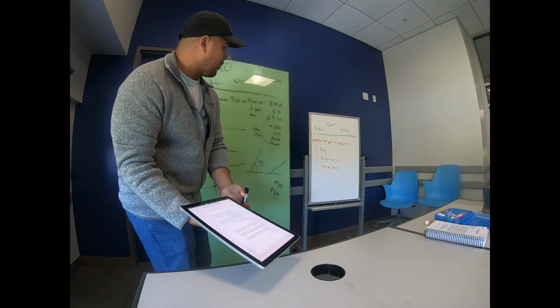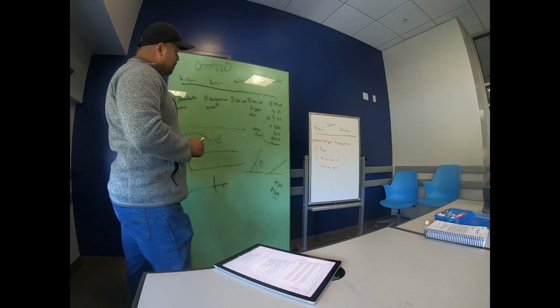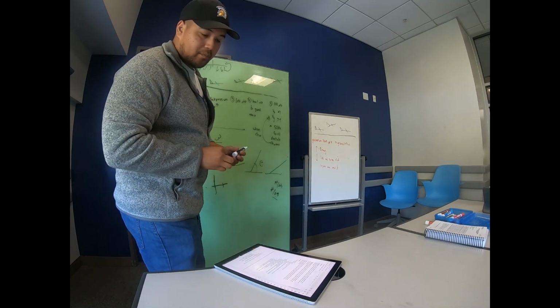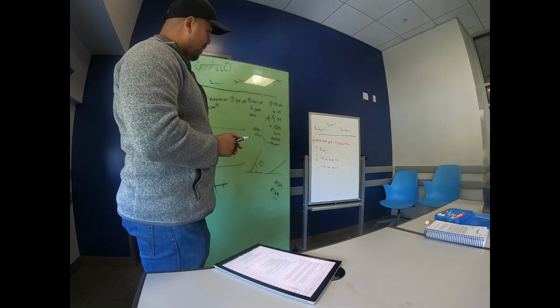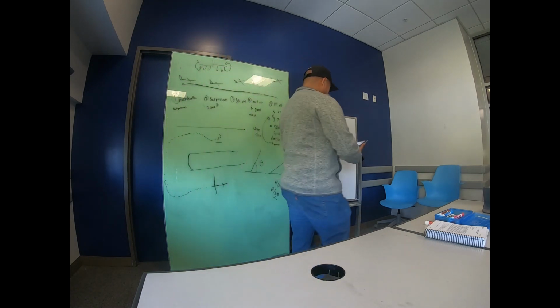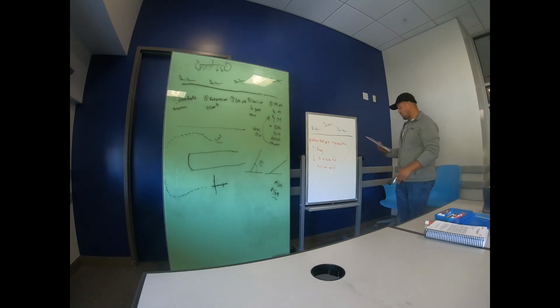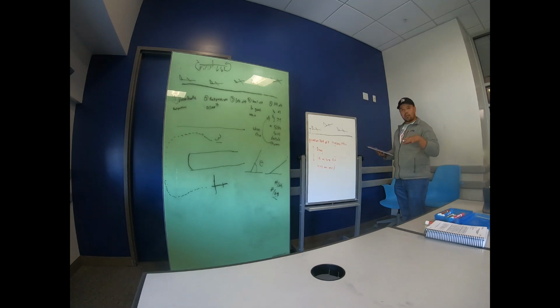So we're going to be using ground effect during the soft field takeoff as sort of an aid. During ground effect, your lift is improved at a lower angle of attack because you have less induced drag.